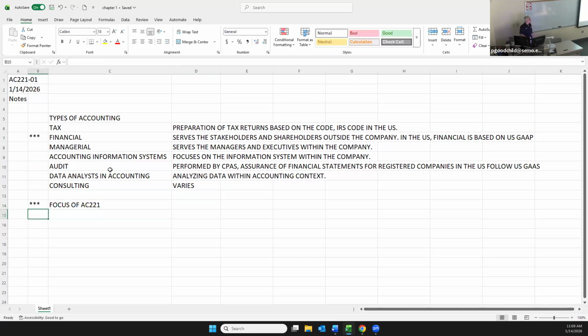We're going to be focusing on financial statements for external users. Who are the external users?